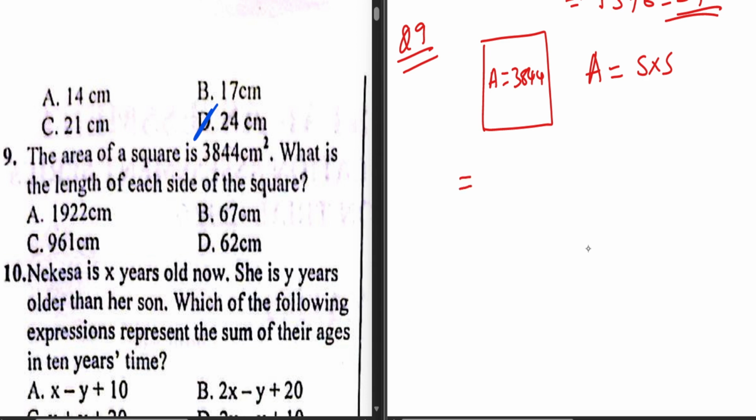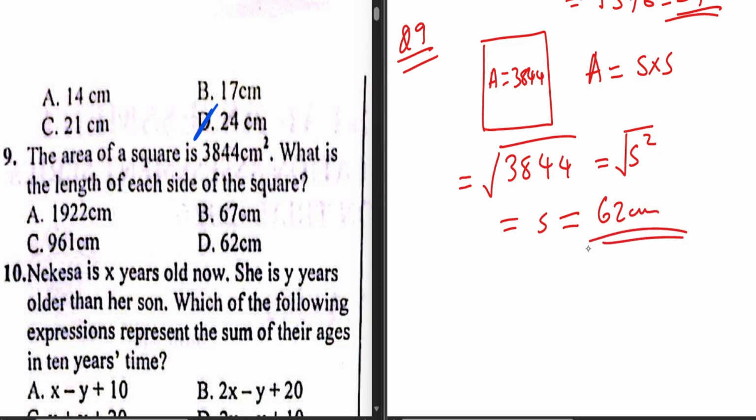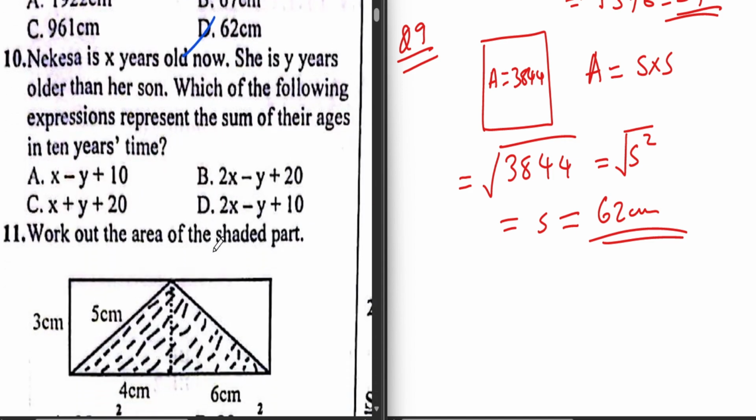So if your area is 3,844 and you don't know the side itself, which is s squared, when you want to find the side, you square root the area to give you the length of one side. So the square root of 3,844 gives you 62. So length of one side is 62 centimeters, which is this one. Okay, question 10.